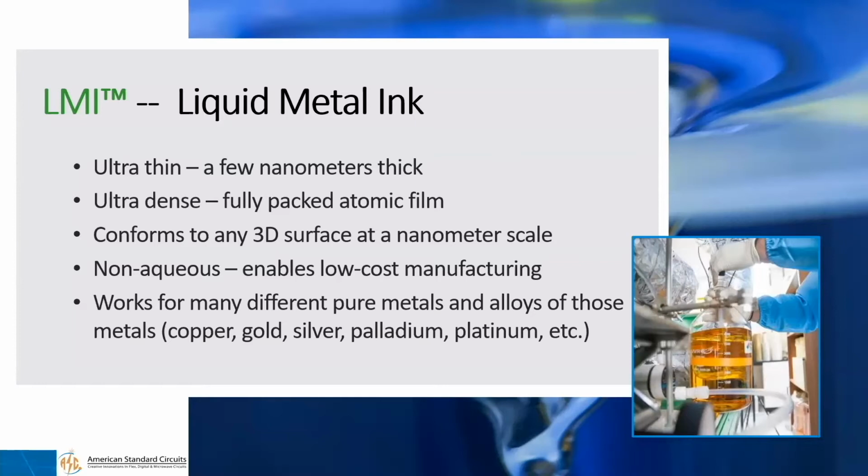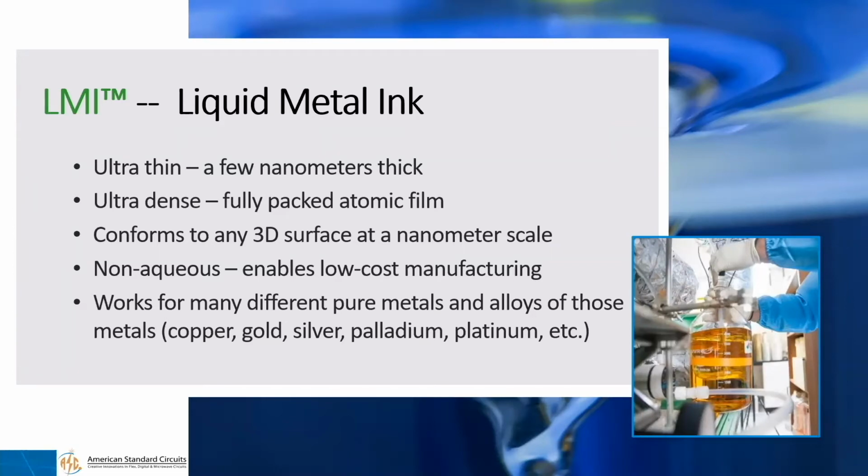And this molecule is designed such that it will not form bonds with or attach to other similar molecules. So it is in solution, it's floating free in the solvent. And we can put a very high density of these molecules into the solvent. And that allows us to dip a panel into this ink, or to spray the ink onto a panel, or there's a number of other ways to apply it.